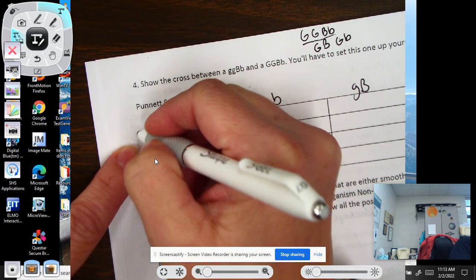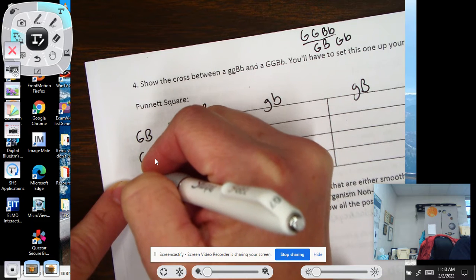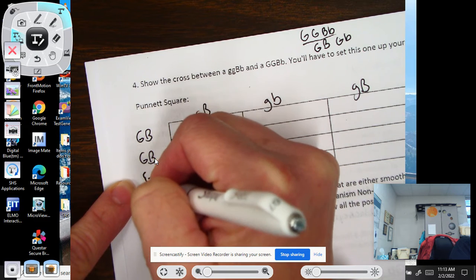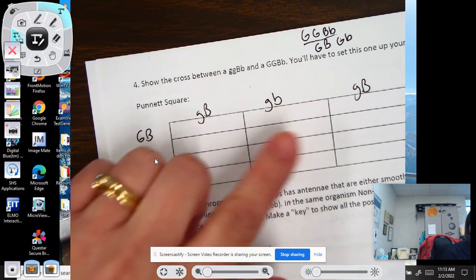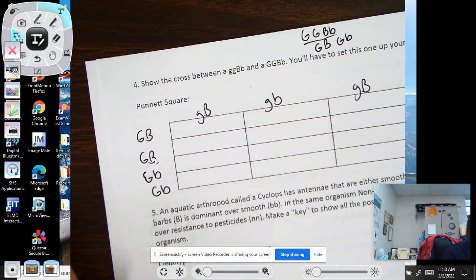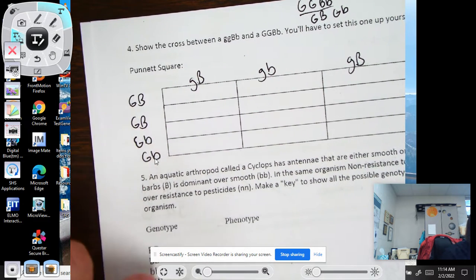I can write it twice. Okay. I could have kept these the same too. Okay. And then you're going to fill it in. Okay. All right. Hopefully that helps you understand these.